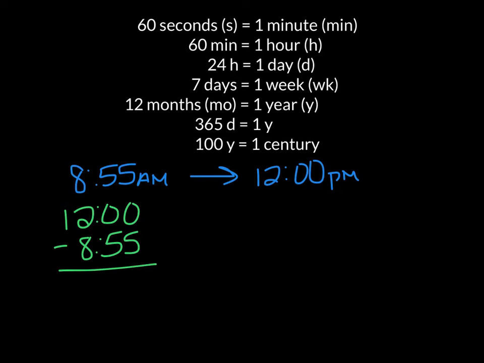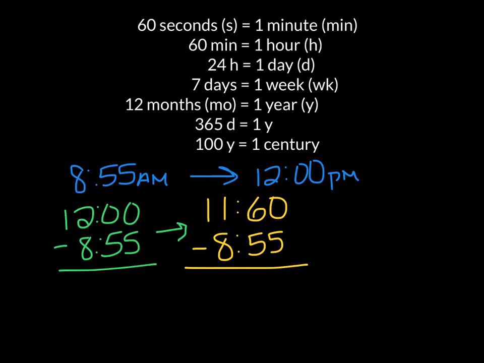Well, we don't have enough minutes over here to subtract, so we're going to need to convert. So instead of writing 12 o'clock, I'm going to borrow an hour and only have 11 hours, and then 60 minutes, because 60 minutes equals that hour. Then I have enough units so I can subtract 8:55.